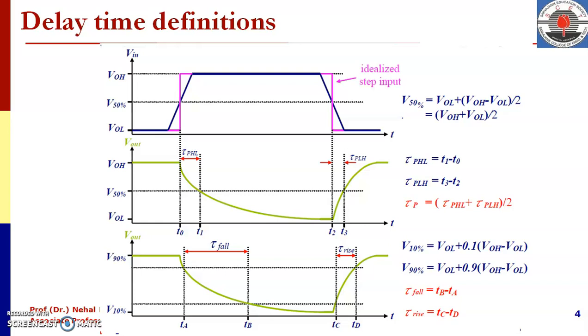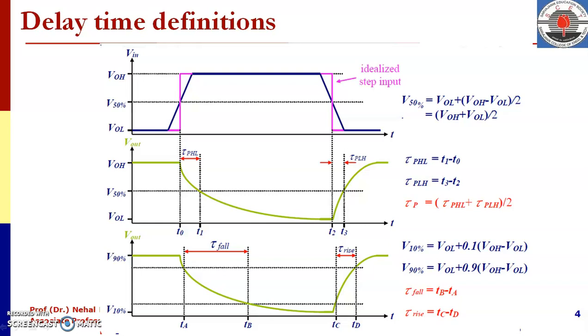In this diagram, in the first figure, you can observe the idealized step input in pink color. The blue color is also a step input, but that is the practical one with some rise time as well as some fall time.